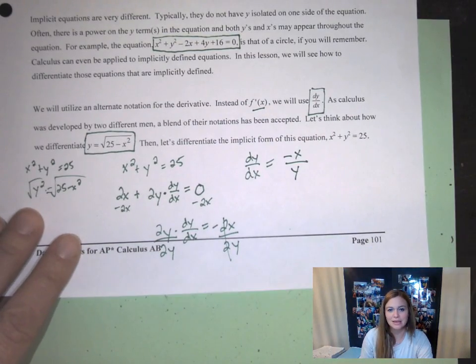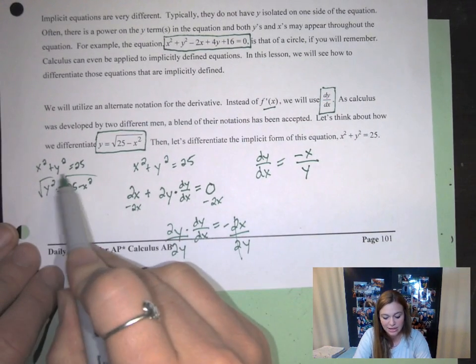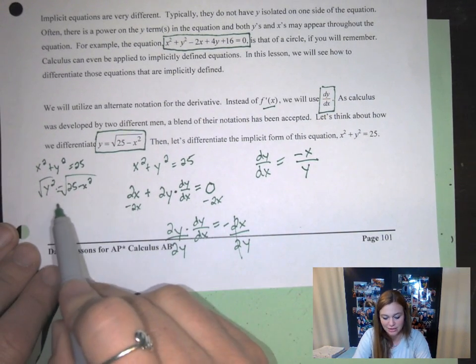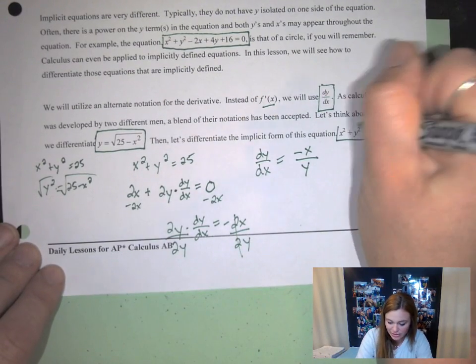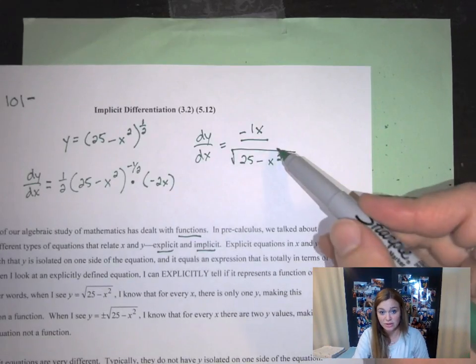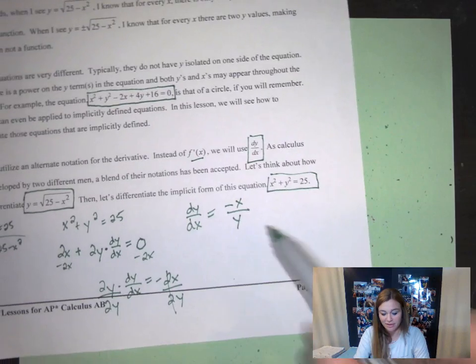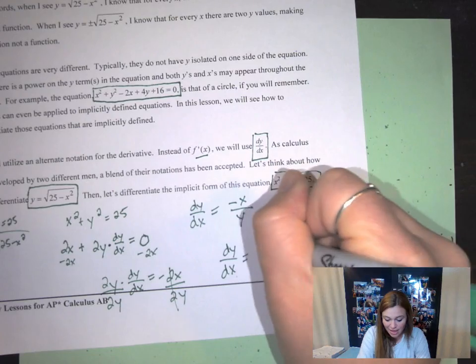And you might be thinking, didn't you say this was the same function? Like if I took x squared plus y squared is equal to 25, and then I took the square root of both sides, these two things should have been the same function, so their derivative should have been the same. And this doesn't really look like this. But there's more. dy dx is equal to negative x.